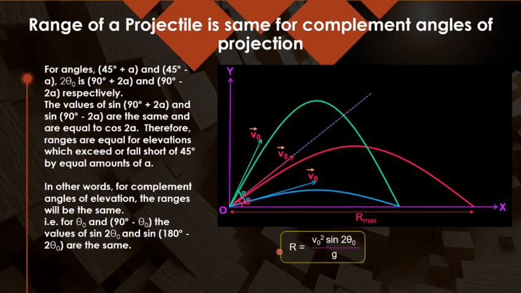Put the value like 45 plus alpha in place of theta naught, or put 45 minus alpha in place of theta naught, you will get the same value, because sine of 90 plus theta is equal to sine of 90 minus theta. And similarly here also, if you put the angles theta naught or 90 minus theta naught, again you get the same value. You can prove it yourself. So you should be able to work out these things.